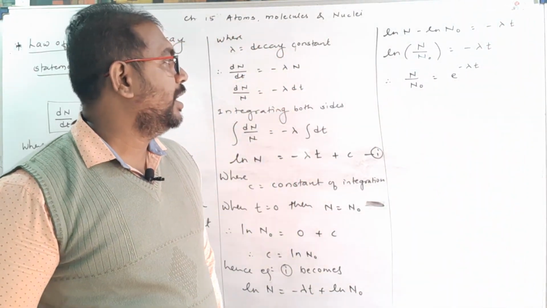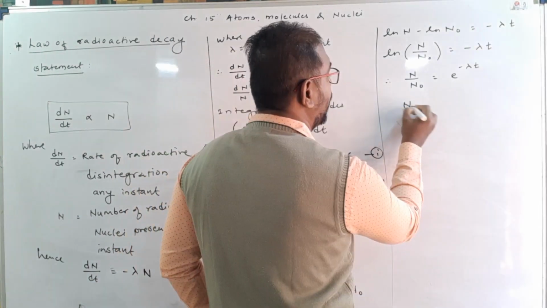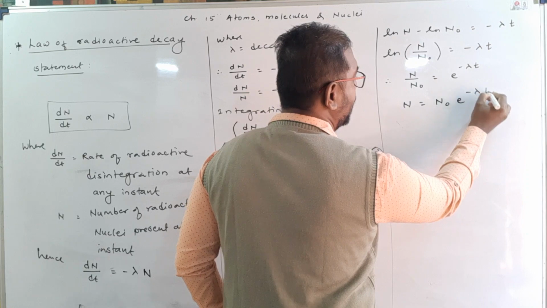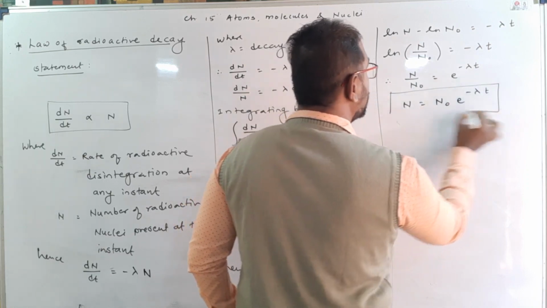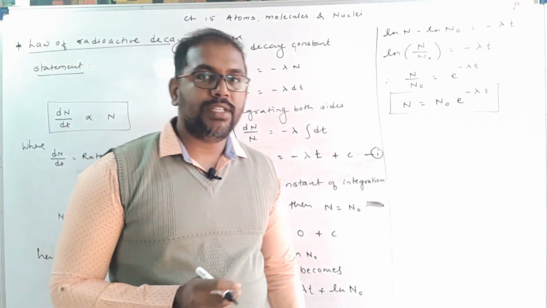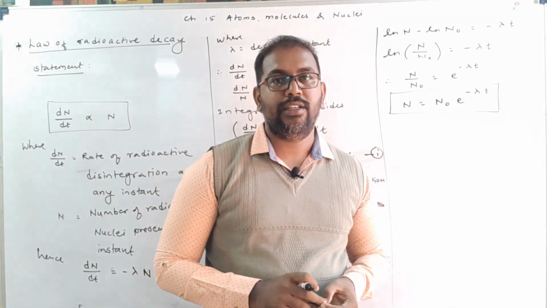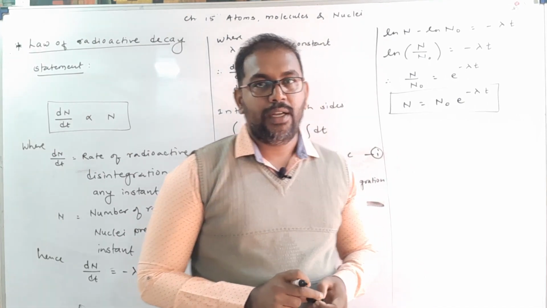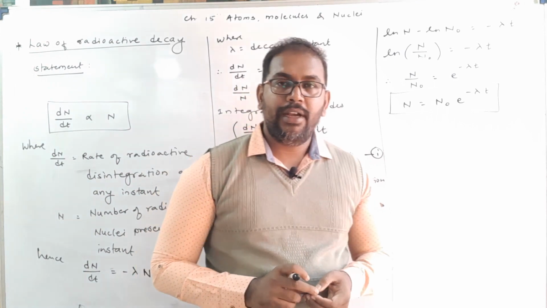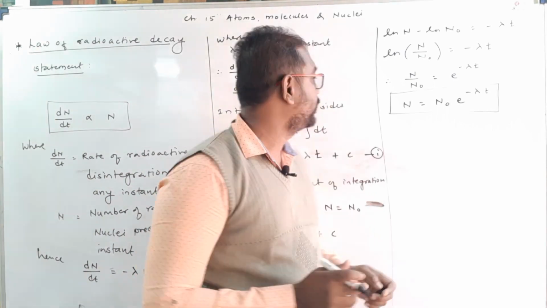Then transferring N0 to the other side, we get N is equal to N0 e raised to minus lambda t. This is the equation which gives us the number of radioactive nuclei present at any instant t. By using this, we can conclude that radioactive decay is exponential decay.